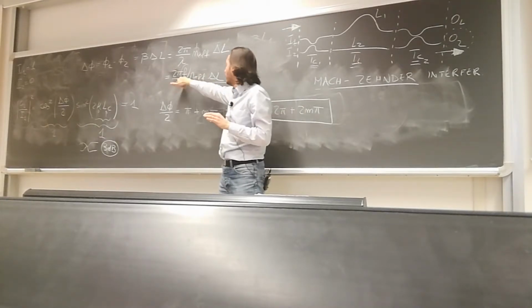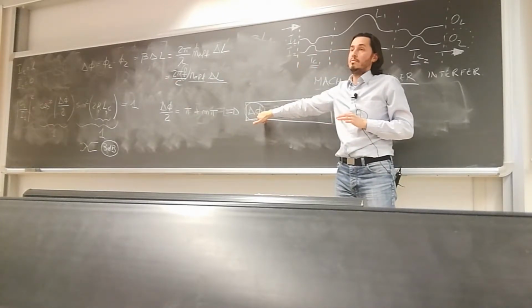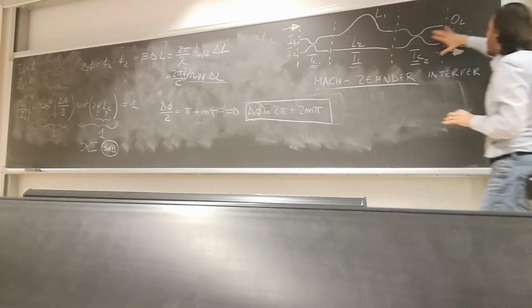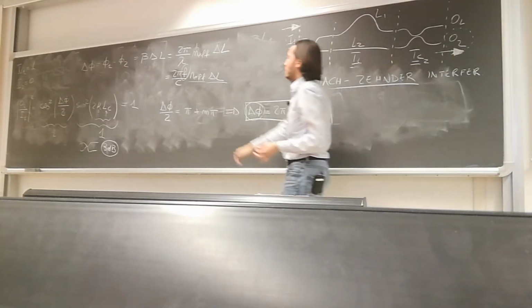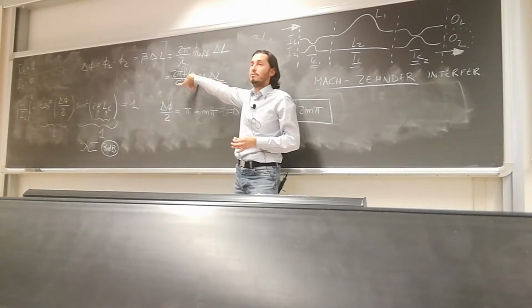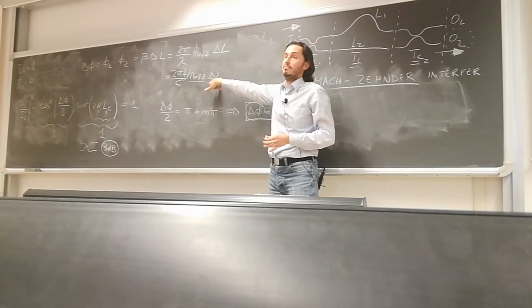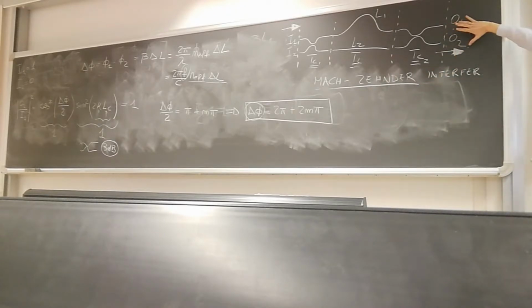Whatever I do that changes this delta phi is going to modify the power split at the output port. This means that if I change the effective index, if I change the geometrical imbalance of an interferometer, I'm going to change the power split ratio at the output port.